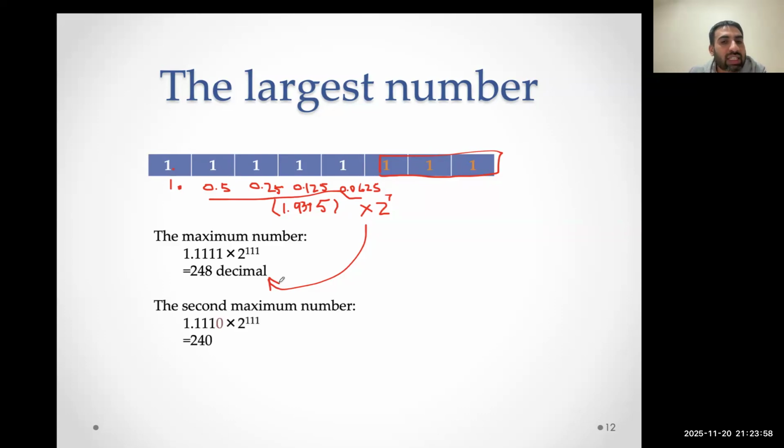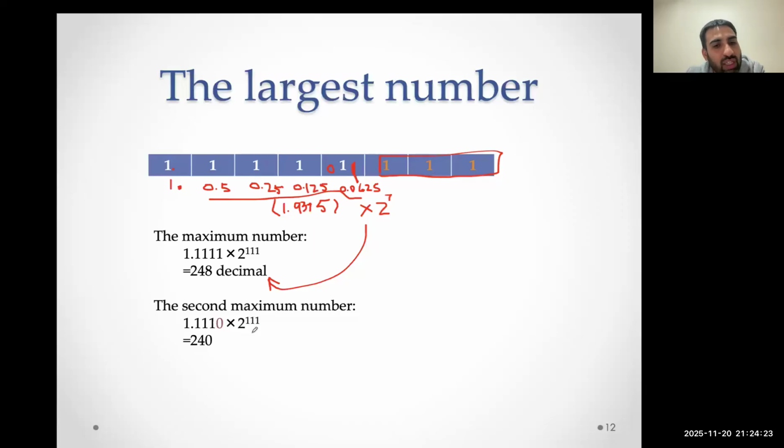Now, what will be the second maximum number? The second maximum number will definitely be where we set the bit which has the lowest weight equal to 0. Which bit has the lowest weight? This bit, right? Because it has a weight of 0.0625. So when we set it equal to 0 and everything else is 1, we are reducing the value by the smallest weight.